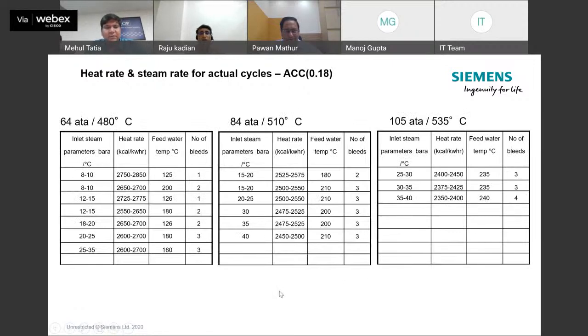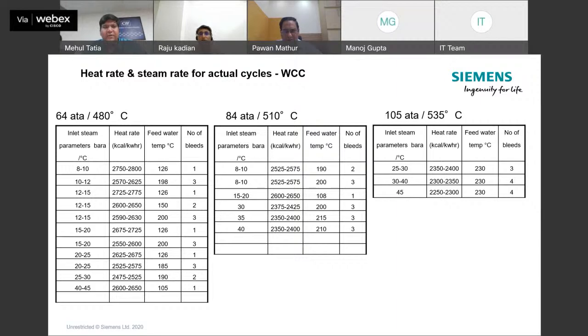Basically, it is giving an overview of heat rate values for the machines we have supplied with these parameters. For 64, 480, in the left table, for example, it is for a 15 to 20 megawatt turbine, with a feed water temperature of 200 and 3 bleeds.